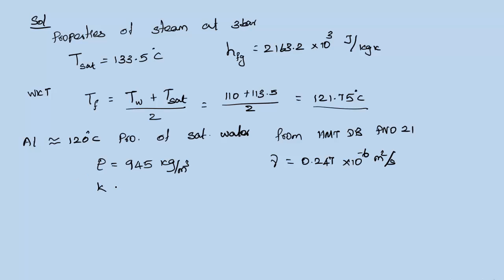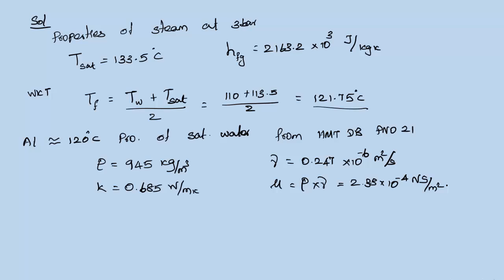The thermal conductivity k equal to 0.685 watt per meter Kelvin, and mu, you know that it is rho into nu. This you have to calculate. This will be 2.33 × 10^-4 Newton second per meter squared.